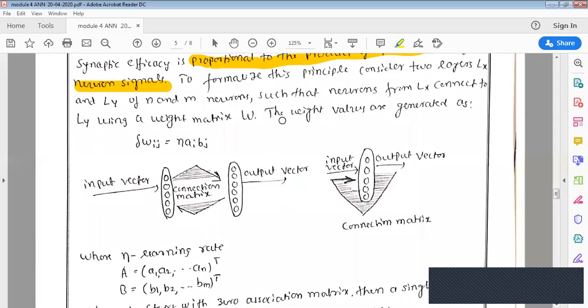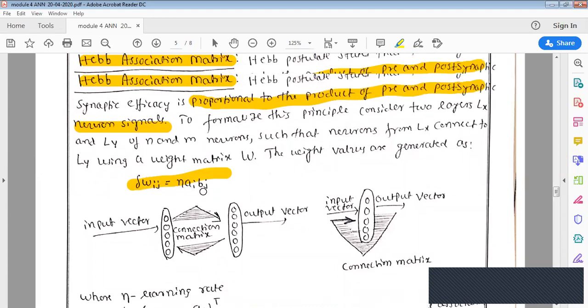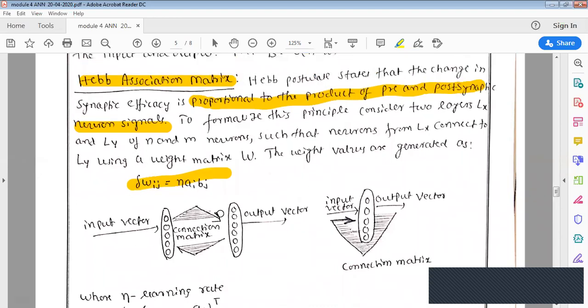This connects the weight vectors, whether 1 to 1 or 1 to 3, 1 to 4, and they are formed according to the relation delta Wij equals eta times ai times bj, where eta is the learning rate, ai is any one of the input vector, bj is any one of the output vector, like a1 to b2 or a3 to b1. These two layers, one has n inputs and another has m outputs, so n cross m connections in total.